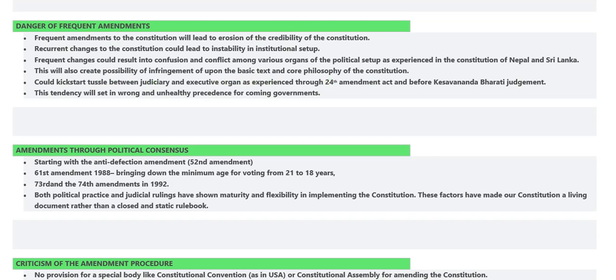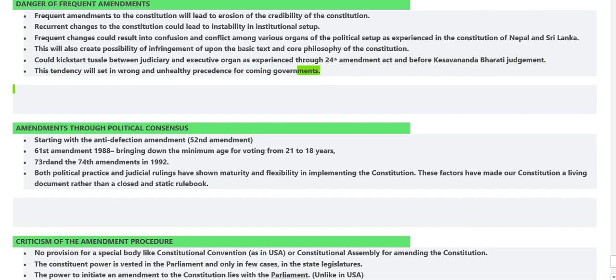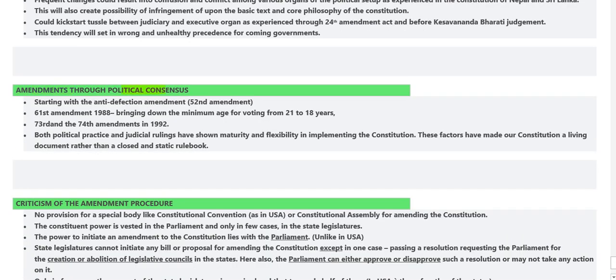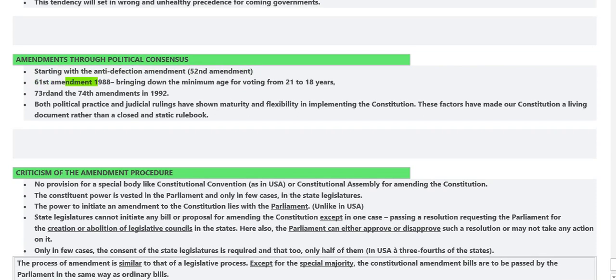This will also create possibility of infringement upon the basic text and core philosophy of the Constitution. Could kickstart tussle between judiciary and executive organ as experienced through 24th Amendment Act and before Kesavananda Bharati judgment. This tendency will set in wrong and unhealthy precedents for coming governments.